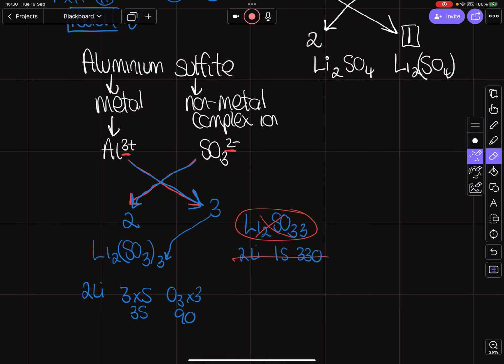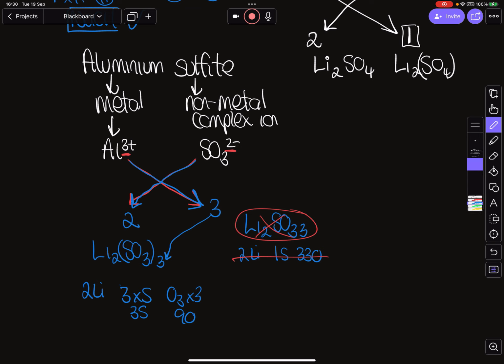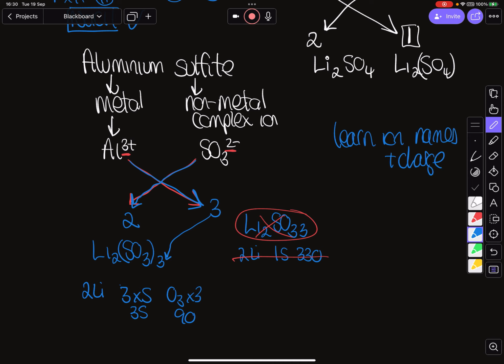If there's one piece of recommendation, it is to learn your simple ion names and charge, and that comes from knowing what group they're in.